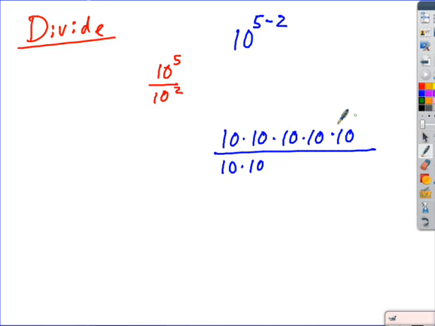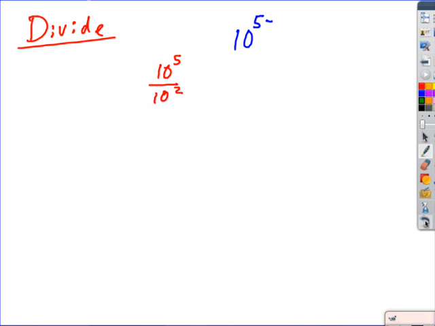And we remember that this one crosses this one out, this one crosses this one out, and you're left with 3. So that's really 5 minus 2 is 3. That is what we will do here.